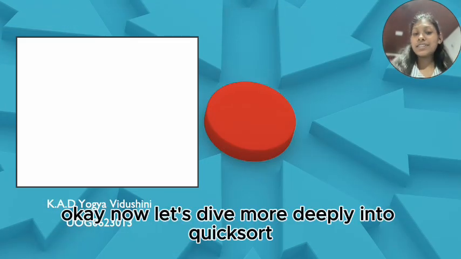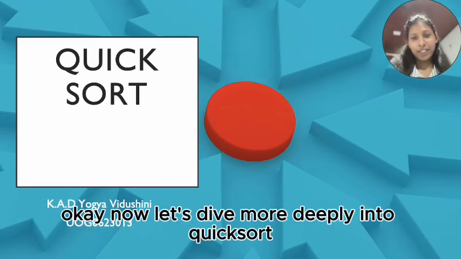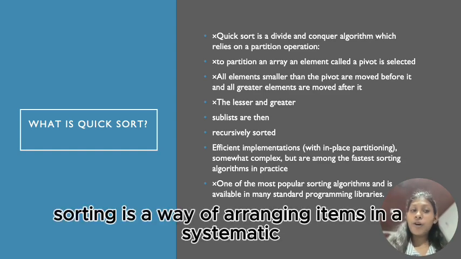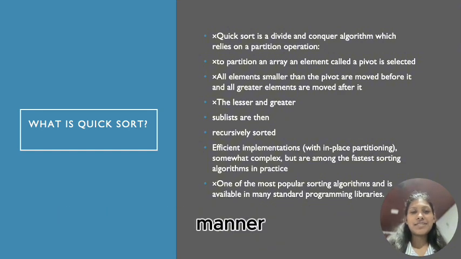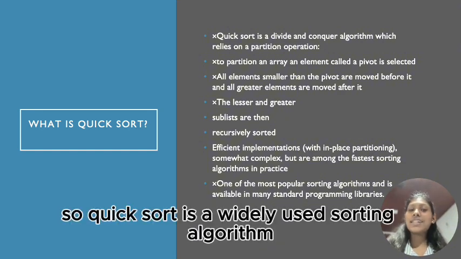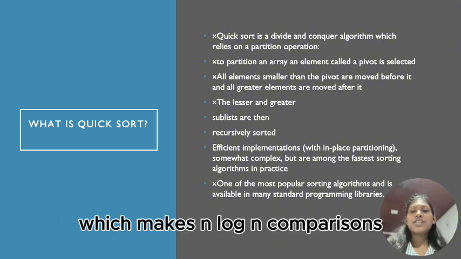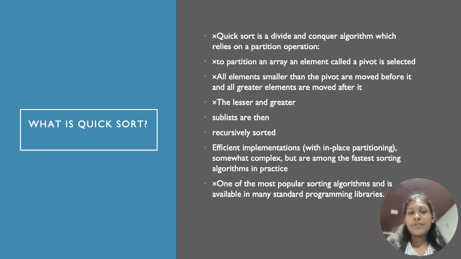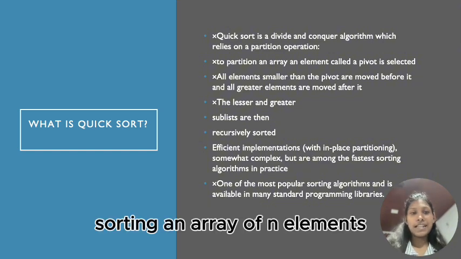Okay, now let's dive more deeply into quicksort. Sorting is a way of arranging items in a systematic manner. Quicksort is a widely used sorting algorithm which makes n log n comparisons in the average case for sorting an array of n elements.